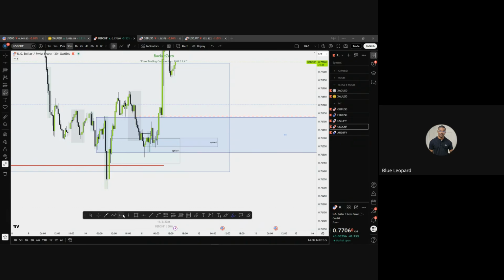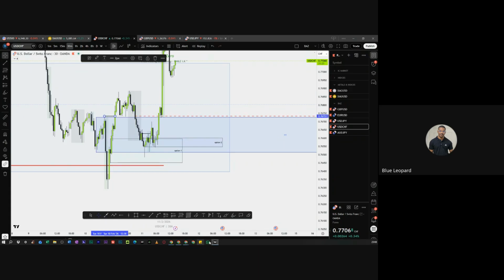We had a sweep here before our M30, because this is the M30 I'm talking about. We had a sweep and then we had a break of structure. Where's the break of structure? Here. It means this guy is a strong low, stronger than this one. But the first option is the best option here.